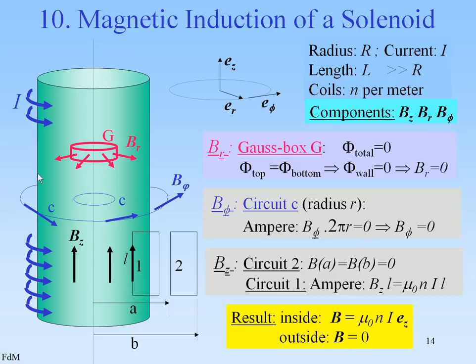Of course, when you have a lot of coils per meter, there will be one coil breaking through that circle. But the contribution of that field to the total field will be negligible. So normally this contribution is neglected.